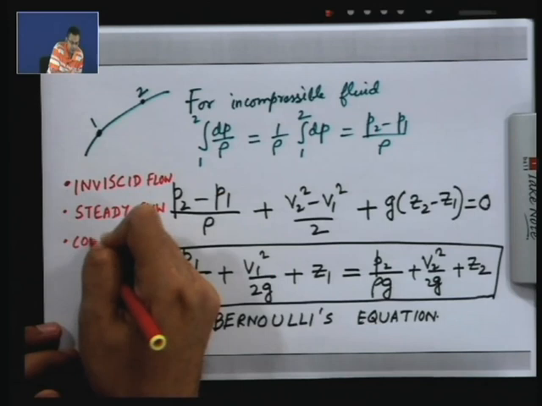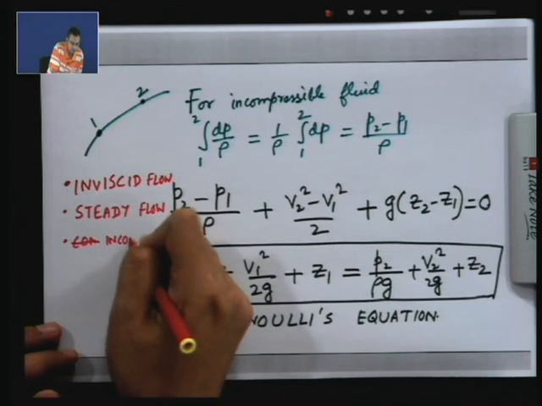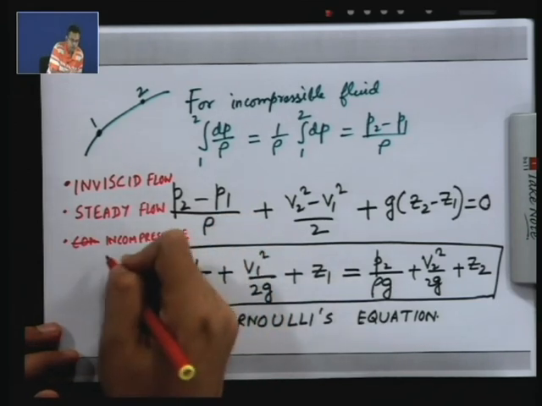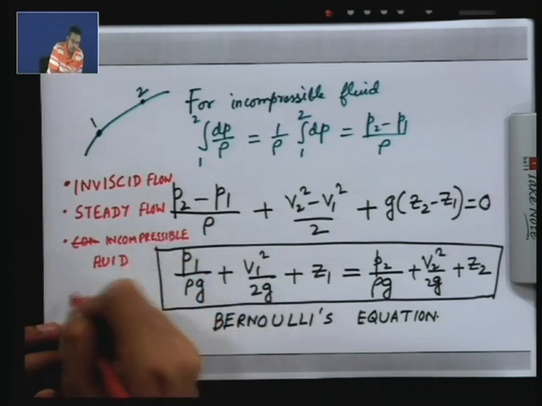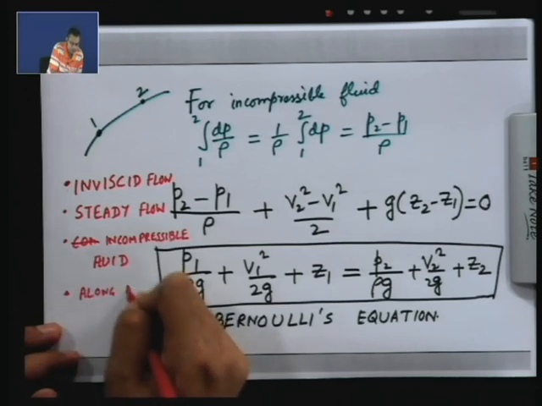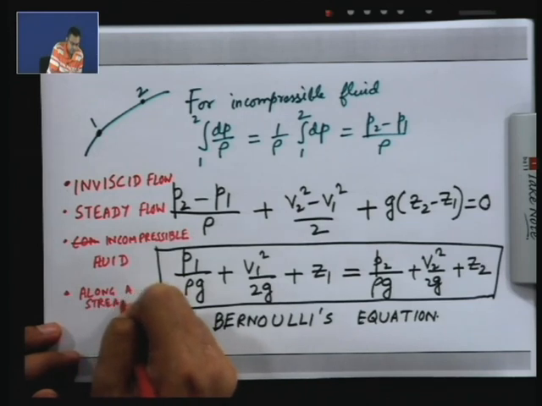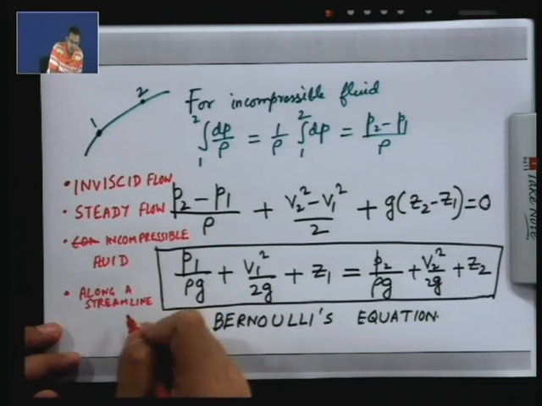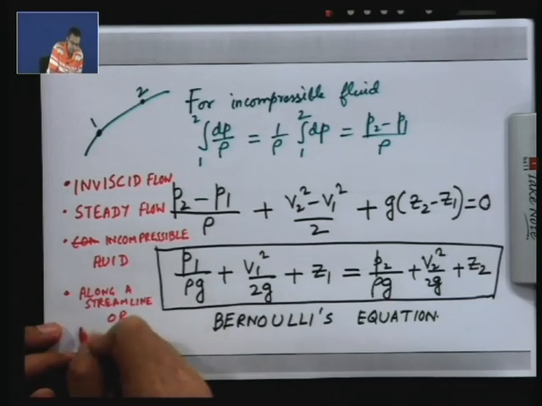Third assumption is constant density fluid or incompressible fluid, where p and rho are not dependent, and the fourth, along a streamline, or if you want to generalize it, maybe between any 2 points provided the flow is irrotational, or between any 2 points for irrotational flow.